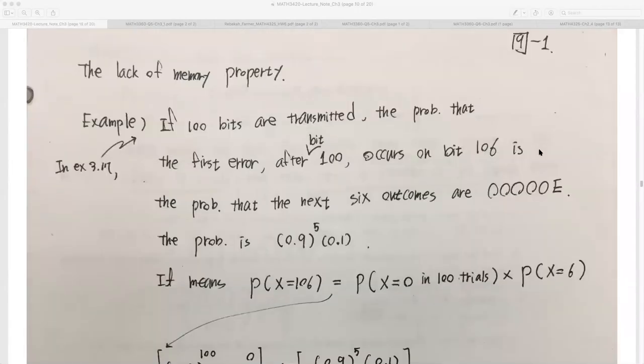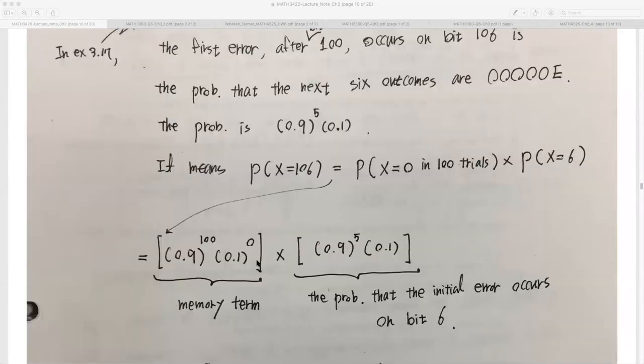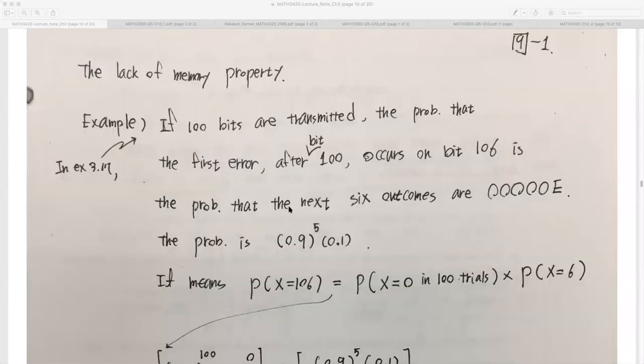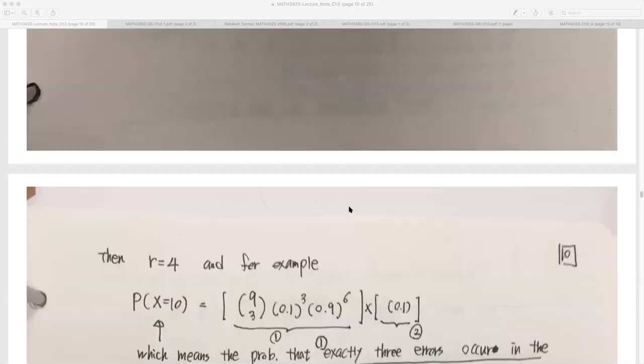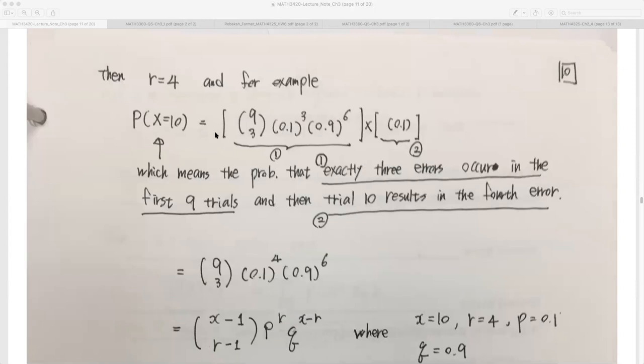But look at this one, lack of memory property, example 3.17, the explanation of this one. Example 3.17 in the lecture, please look at it by yourself. Now to find X equals 10, first we have to calculate the probability that we get 3 errors in nine trials, right? That's nothing but the binomial distribution.